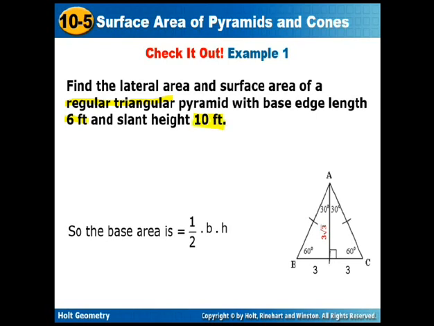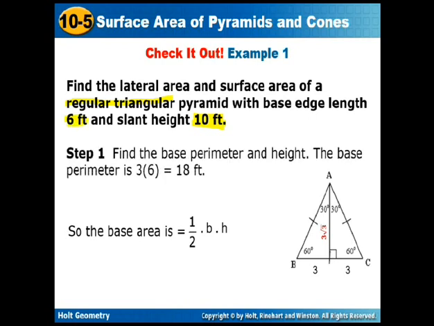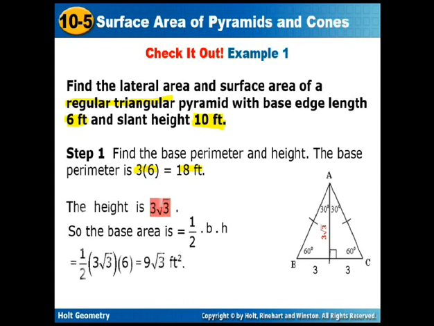Of course, we will first do step number 1: find the base perimeter and the height of the base. The base perimeter is 3 times 6, equal to 18 feet. So the base area is half times base times height. Here the height, as you can see, is 3 radical 3.